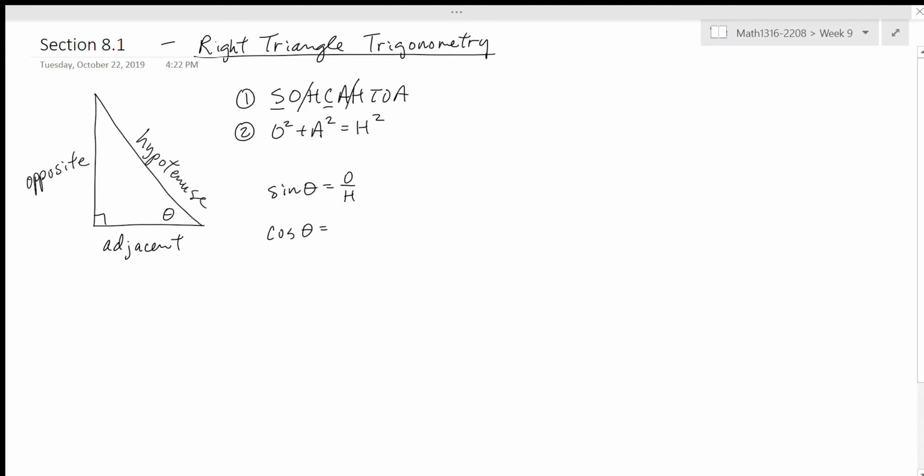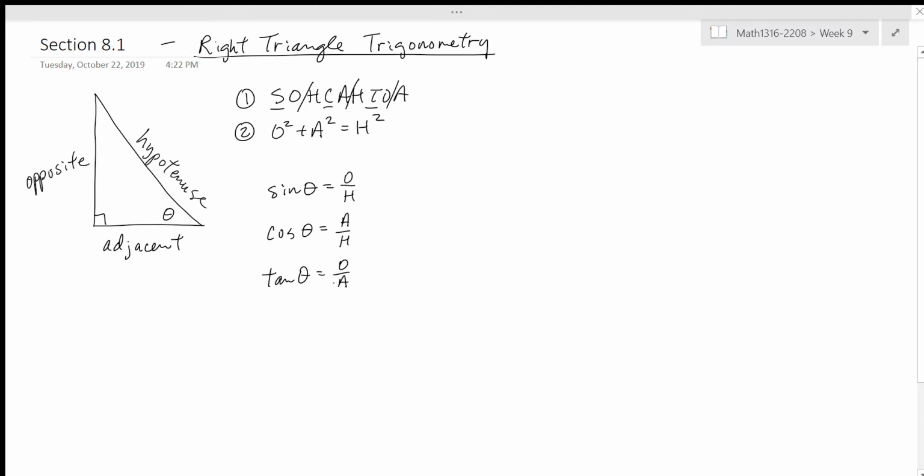Cosine theta is... and the T, tangent theta is... adjacent over hypotenuse. And do y'all see that, I'm sorry, opposite over adjacent? And do y'all see that SOHCAHTOA tells me how to set up the three basic trig fractions?